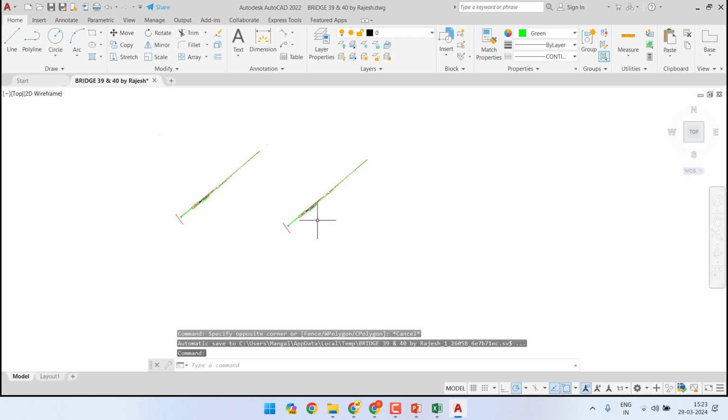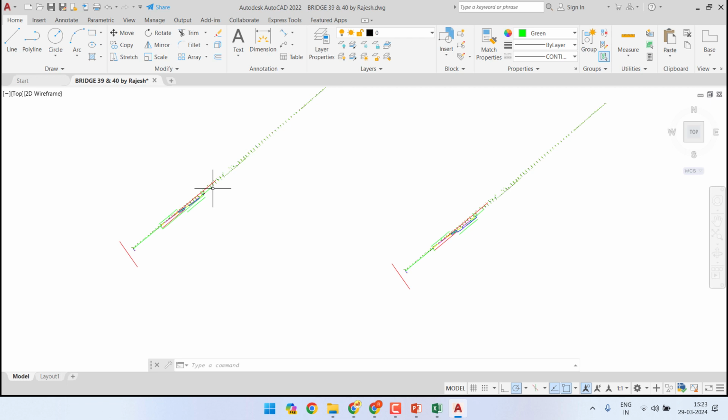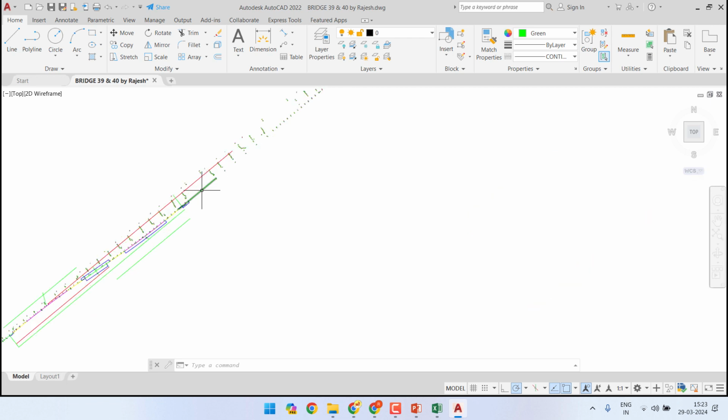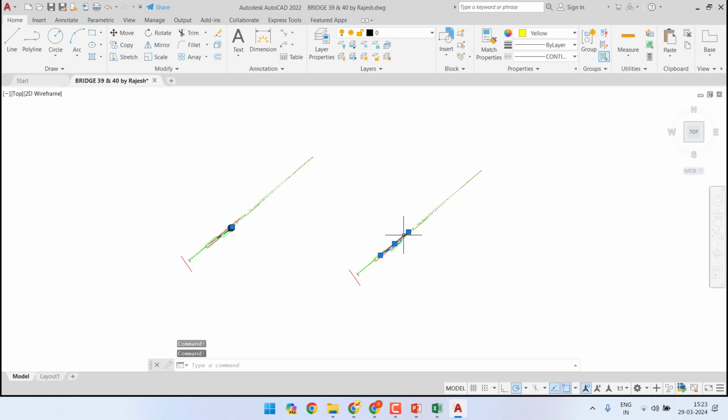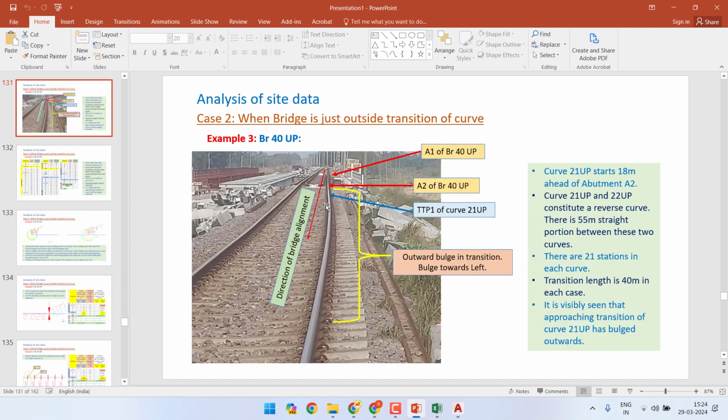So I will pause this video and restart after I have calculated all the required slews for the new curve that we have drawn for transition length 40 meters, 60 meters, and then 70 meters, and we will compare the OHE distances, and then we will see whether we can not just correct the approach curve, but also redesign the curve in the same process to make it fit for 160 kmph.